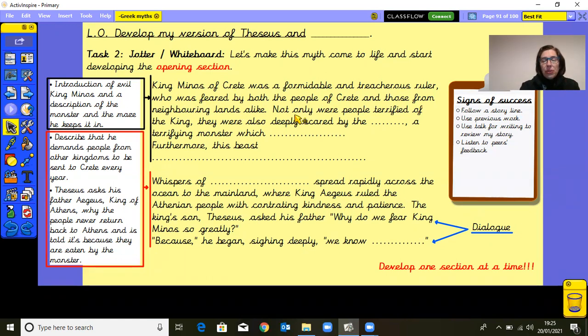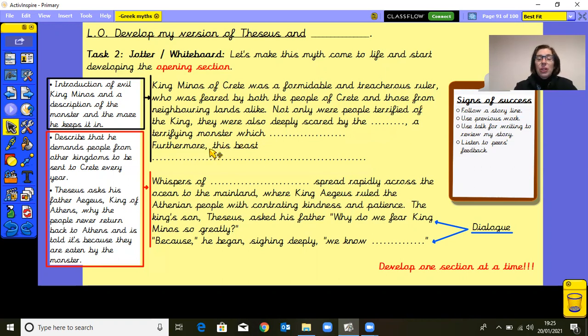And I keep on adding more details, and I explain why these people are terrified, because of a monster. And this is where you're going to introduce your monster. You're going to give the name, and as I've done here, you're going to give some details. You can use which or that to introduce a relative clause to add more details to your monster.